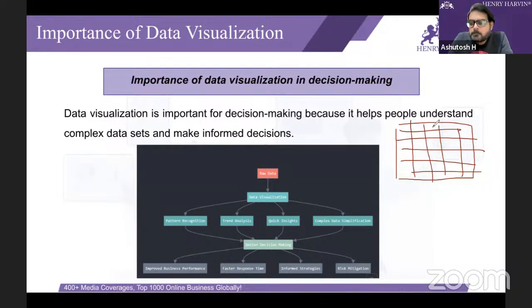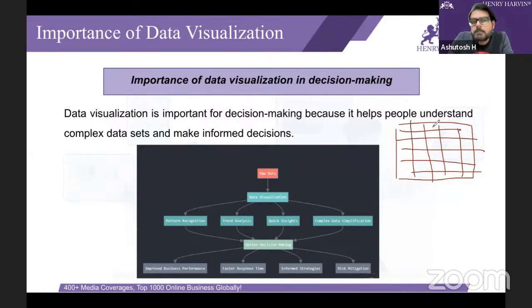Because for a decision backed by data, the chances of going wrong are very low. I wouldn't say zero, but very low. But for a gut-based decision, the chances of going wrong are very high, and businesses don't run that way. So that is why data visualization is quite important for decision making.